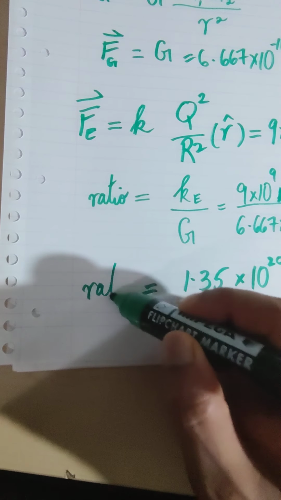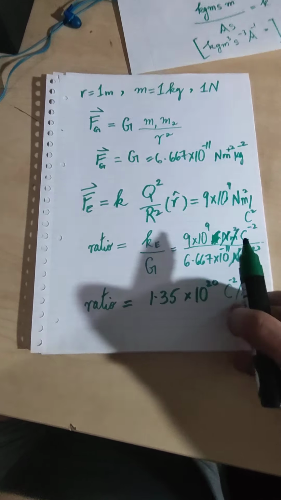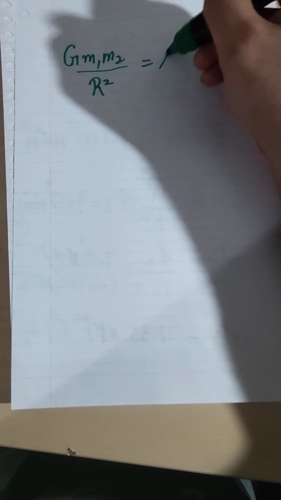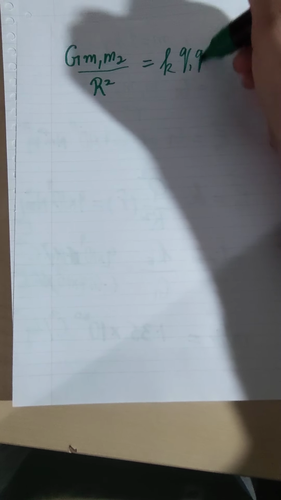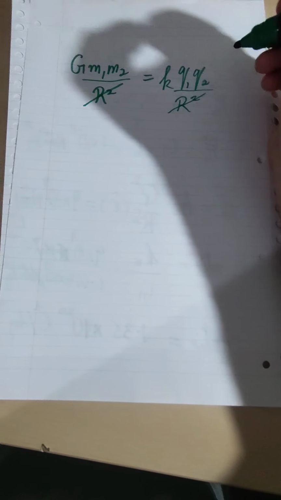There is another way as well. Another way would be to equate the two: G m1 m2 over r squared and k q1 q2 over r squared, and then cancel the r squared because both of them are the same.